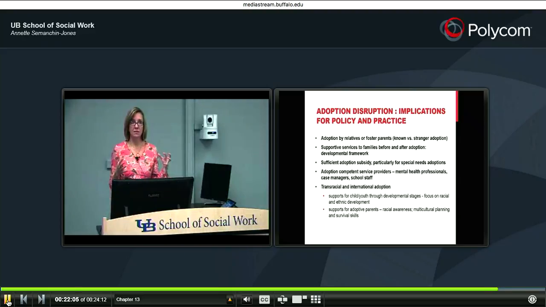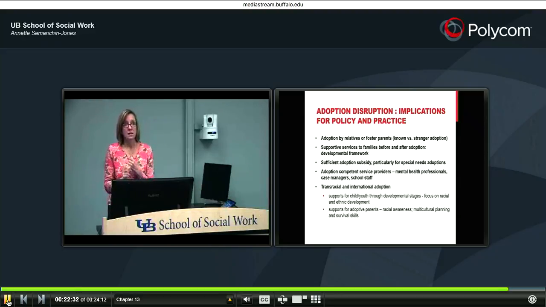Really looking at that developmental framework. Many of these disruptions happen in pre-adolescence when children are dealing with issues of identity. So if someone had adopted a child at the age of 2 or 3, it may not be until much later that some of these behaviors may arise. So preparing parents for that and making sure adoptive parents know where to get support even further along in their development.